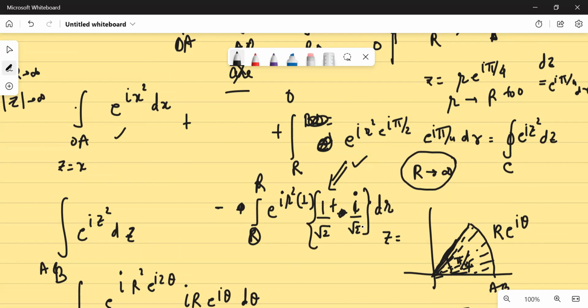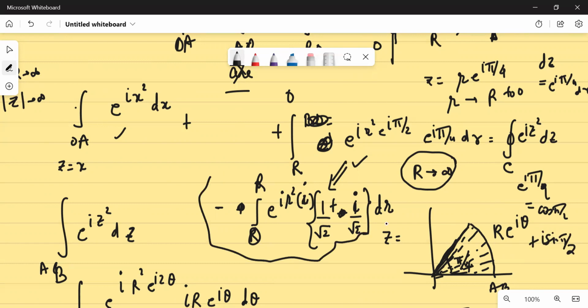And e to the power iota pi by 2 is iota, no? Yes, it is iota, sorry. e to the power iota pi by 2 is cos pi by 2 plus iota sin pi by 2, so it is equal to iota. So this will become iota.